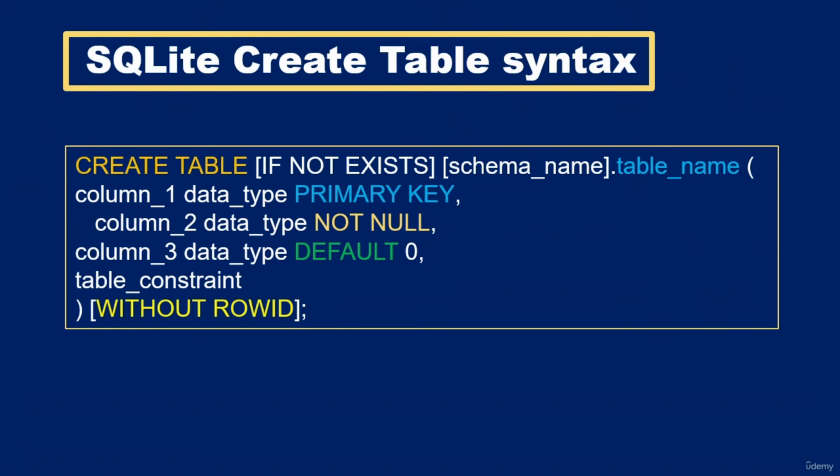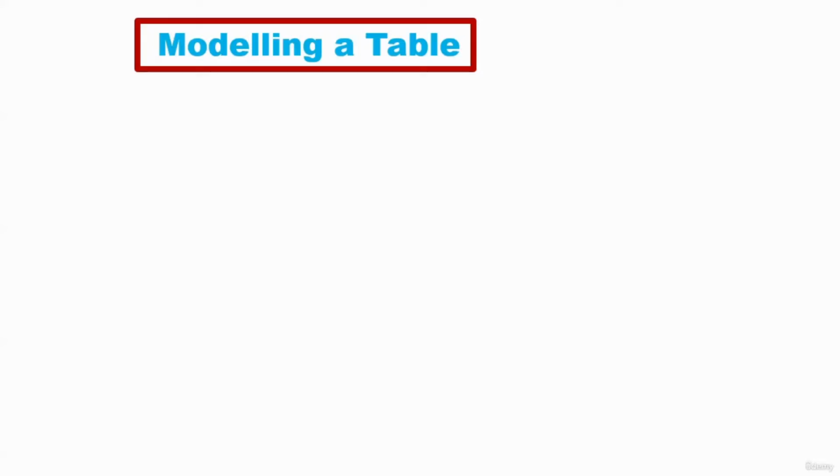However, if you do not want SQLite to create the rowid column, you can specify that by adding this option WITHOUT ROWID. If you add that to the create table statement, it will not create a rowid for you. A table created with the rowid is going to contain a column called rowid within the table.